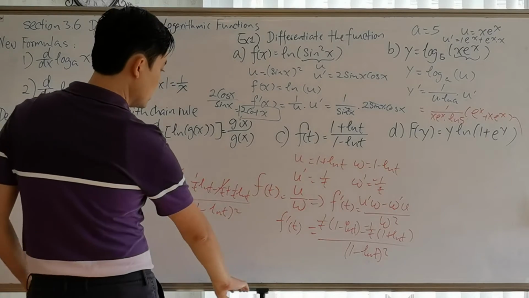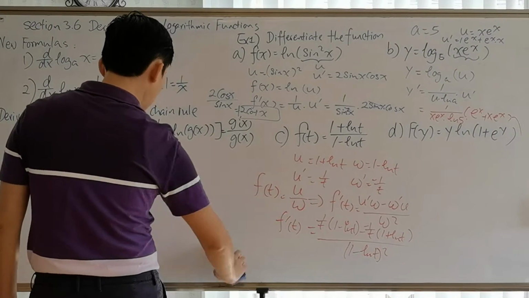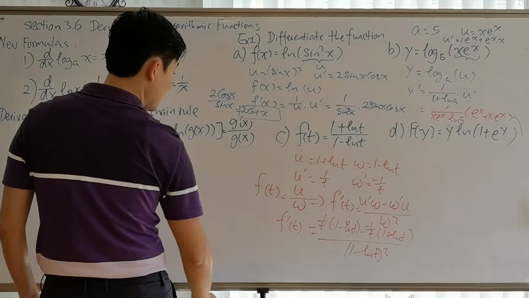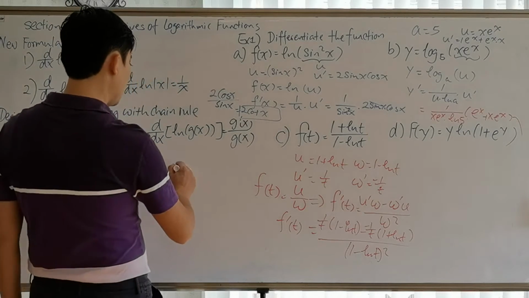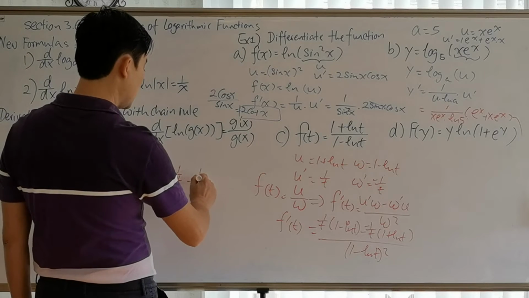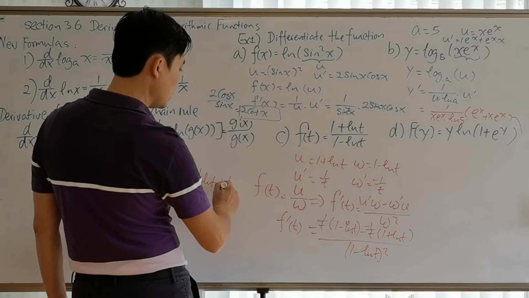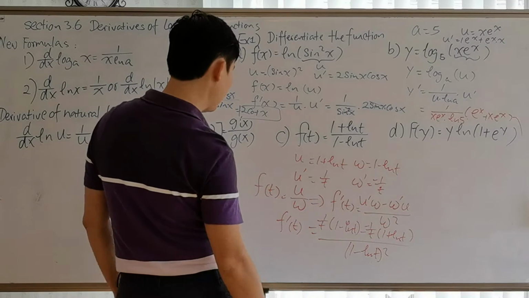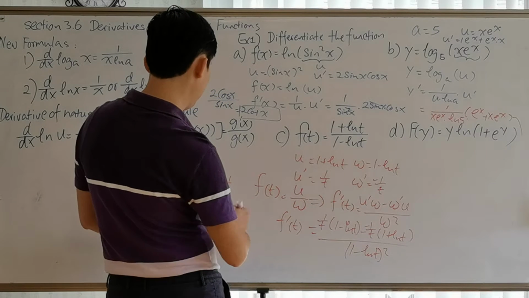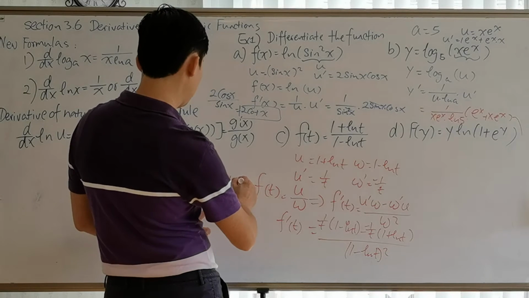Okay, so let's repeat that part right here. After you distribute, because it would be kind of weird if everything got canceled and it turned out to be 0. It's not a constant, it's just a random function. So it's 1 over t minus 1 over t natural log of t, negative, negative, positive, so plus 1 over t, and then negative, negative, positive. So this one would be positive natural log of t times 1 over t.